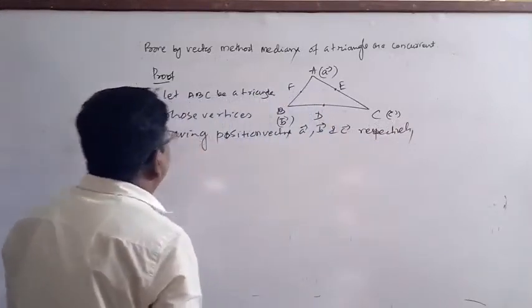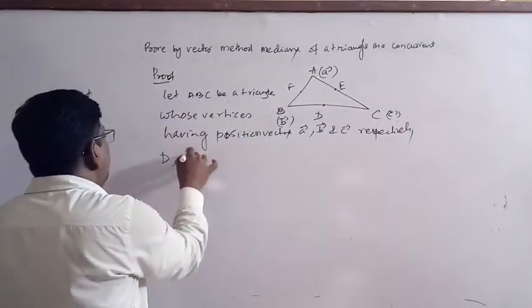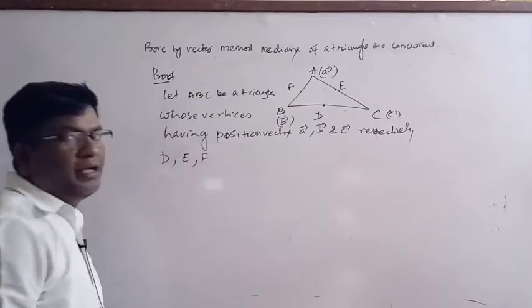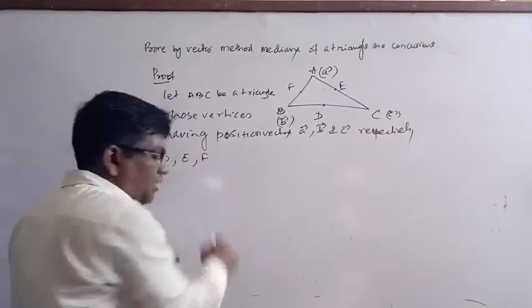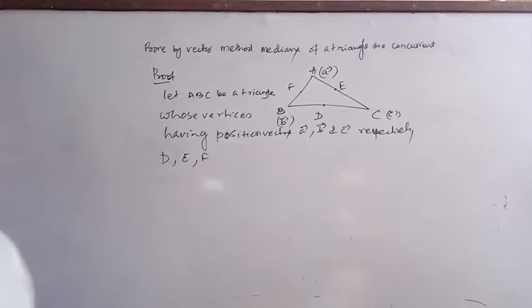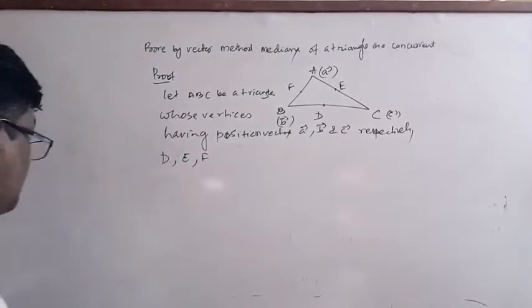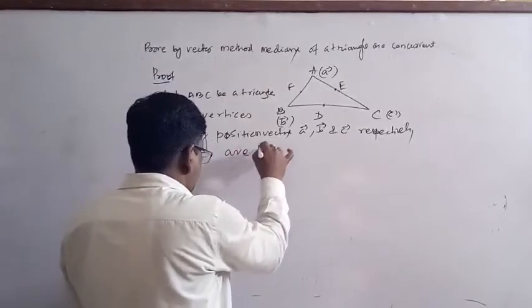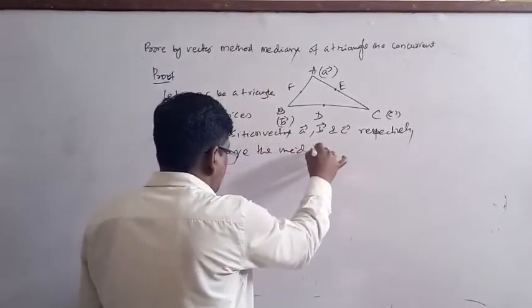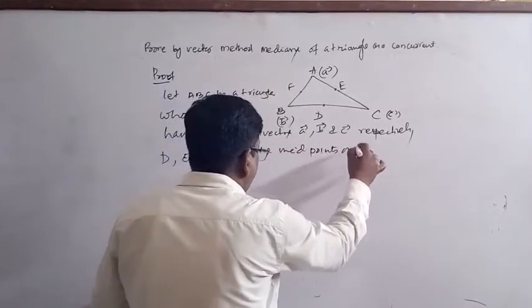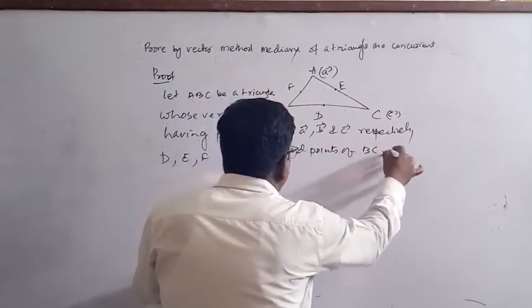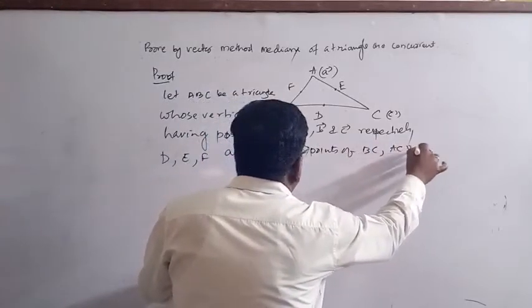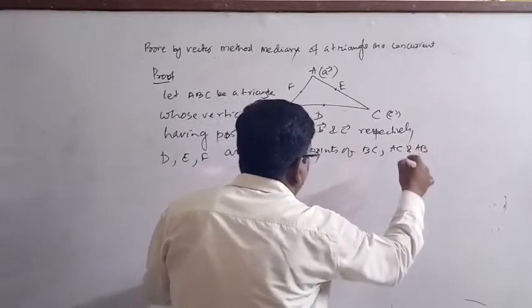Let D, E, F be the midpoints of the sides BC, AC and AB respectively, whose position vectors we have to find.